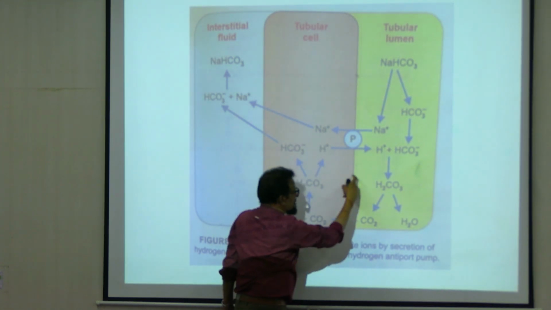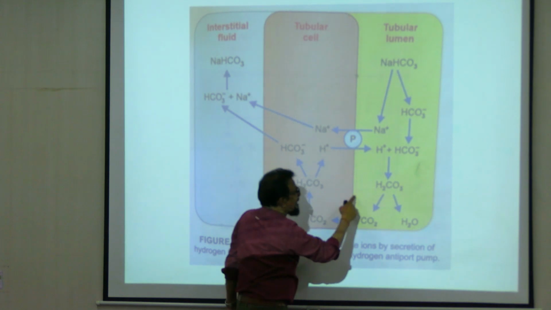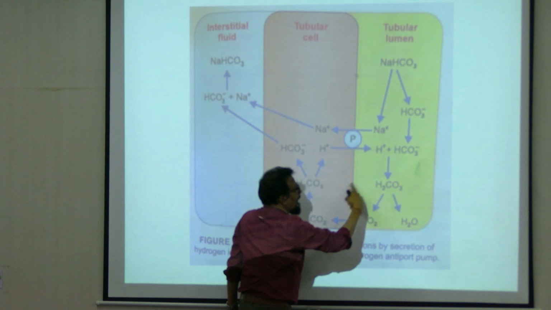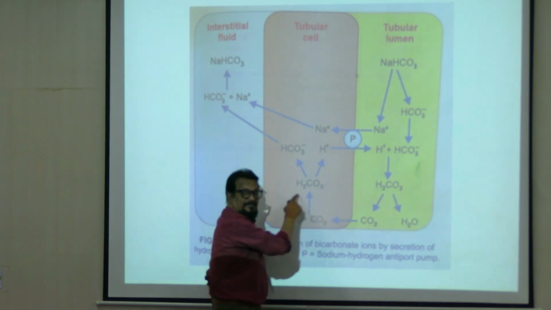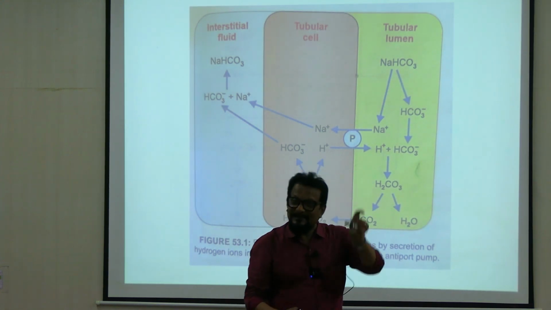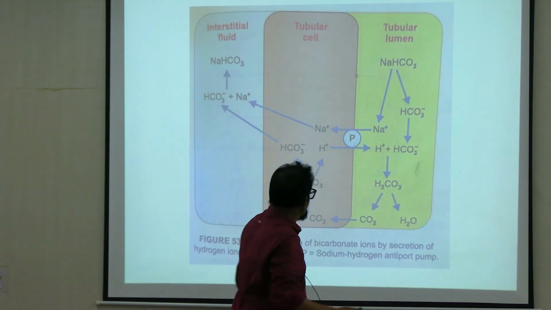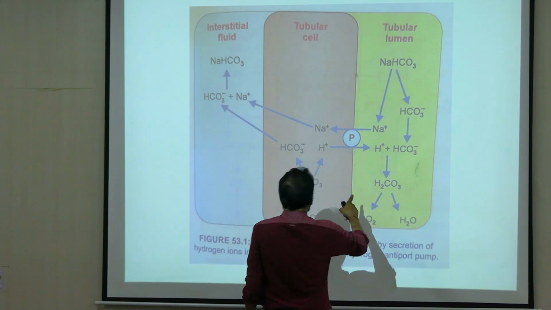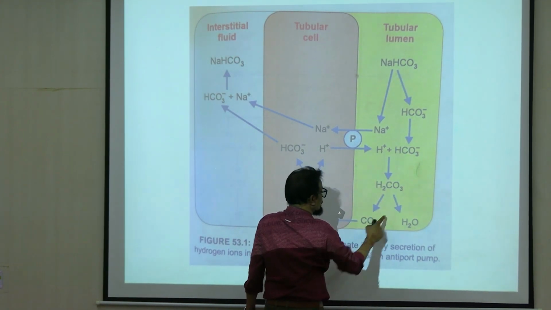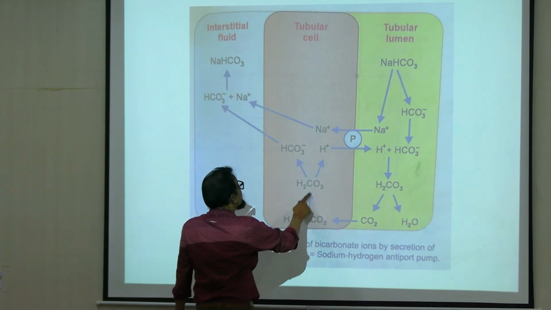Again by this carbonic anhydrase, it can affect this reaction from both sides. That's why it stays in the apical region. Okay, so now what will happen? This carbon dioxide is coming in, combining with water, and again it will form carbonic acid.